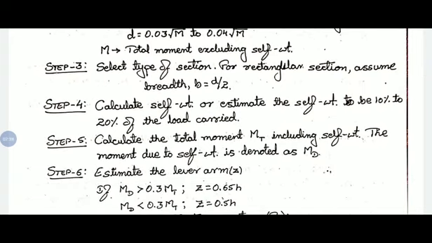Then in the next step, after calculating width and depth, by using the density of concrete we can estimate the self weight of the member, or if it is not given directly we can take 10 to 20% of the live load given.